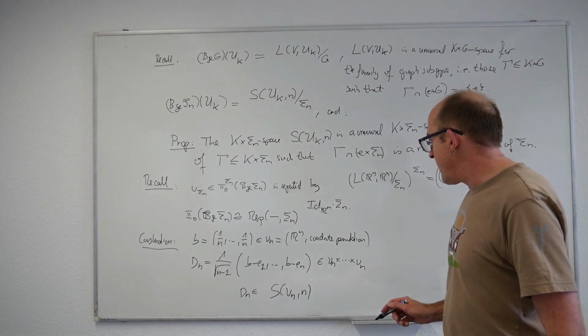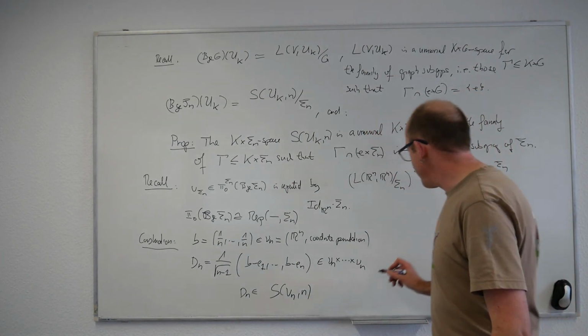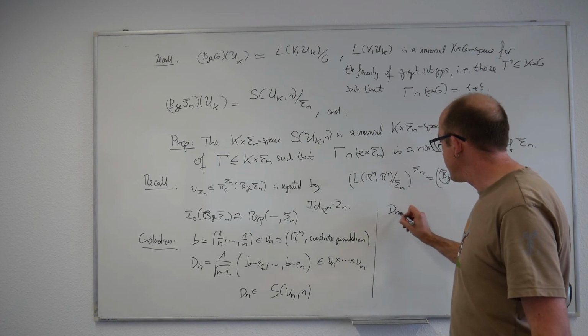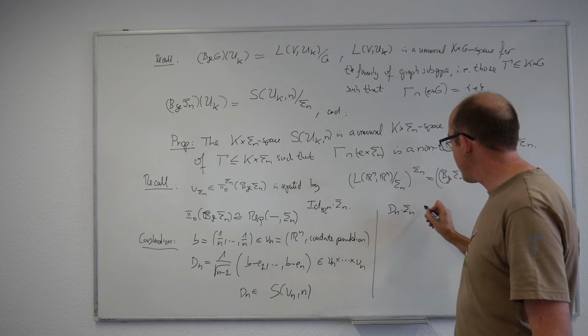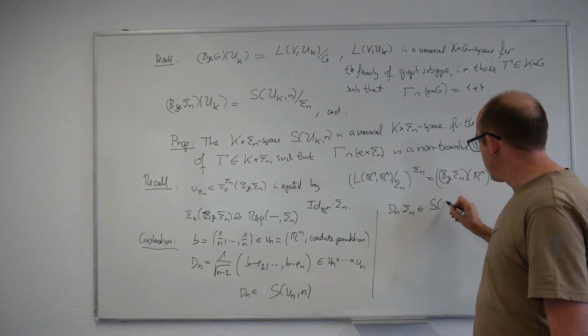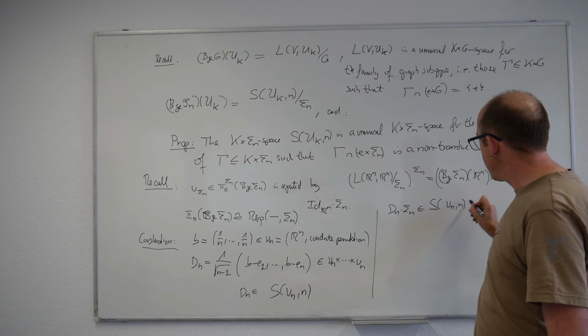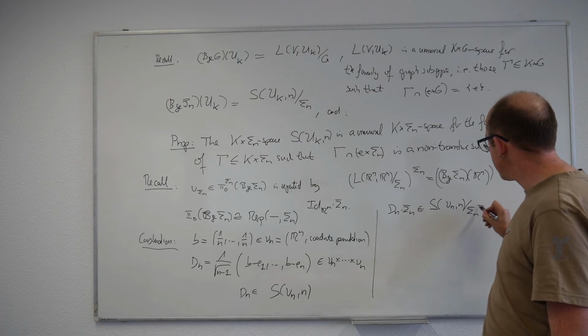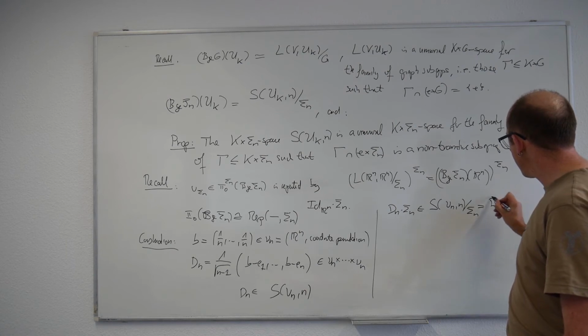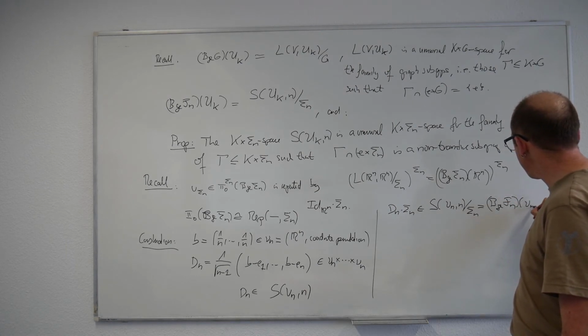So now I'm going to take the sigma n orbits in this. So now I'm going to take the element dn times sigma n. It's the sigma n orbit. This now lies in S of nu n, comma n modulo sigma n. And this was exactly the global classifying space of the family of non-transitive subgroups evaluated at nu n.